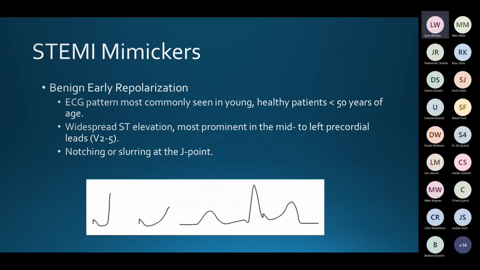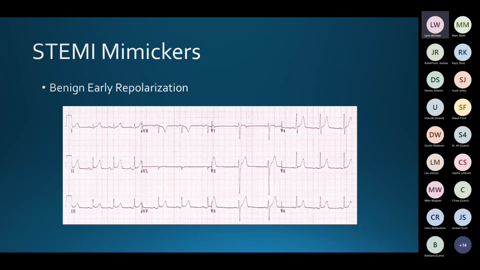The J point is where the QRS, where the S meets, it hits baseline, basically. So there's a little notch there, a little bump, and that's the tip off that this is benign early repolarization, usually very young, healthy people.